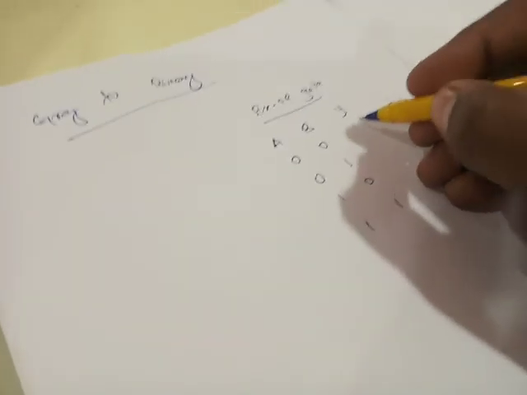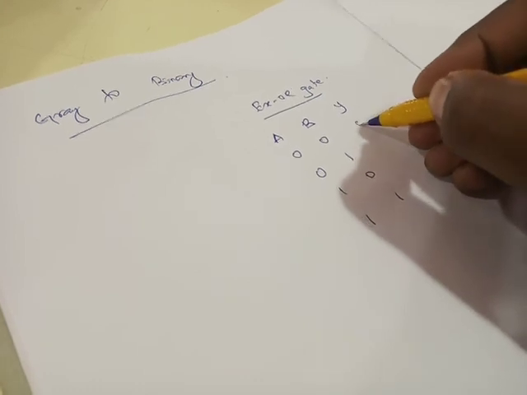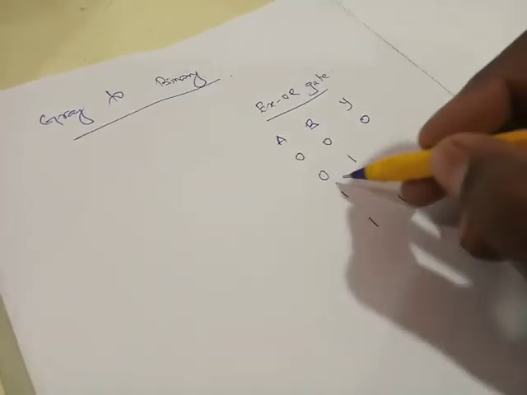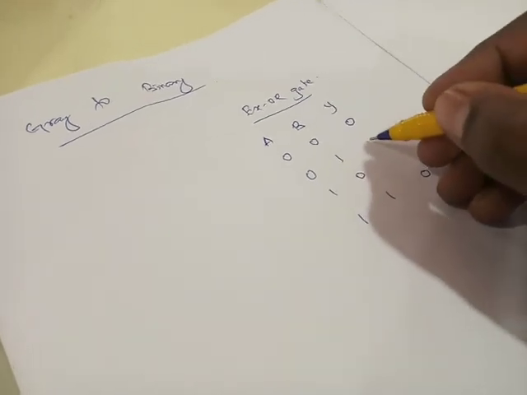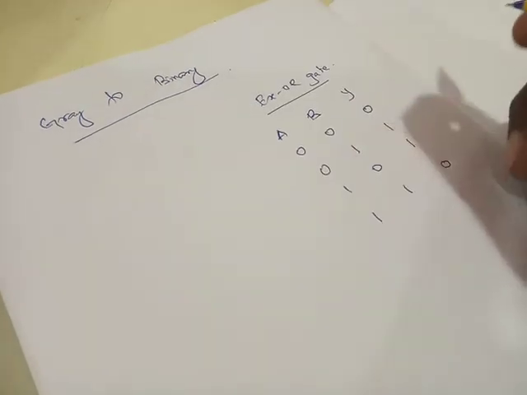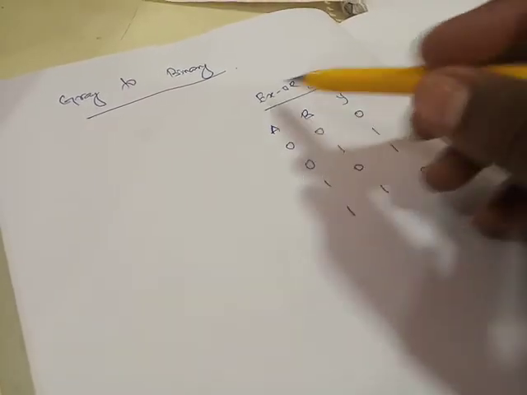In an XOR gate, if the two inputs are the same I will get 0. Here also it is 0. If the two inputs are different values I will get 1. This is the truth table for the XOR gate, right? So based on this we are going to convert gray code to binary code.